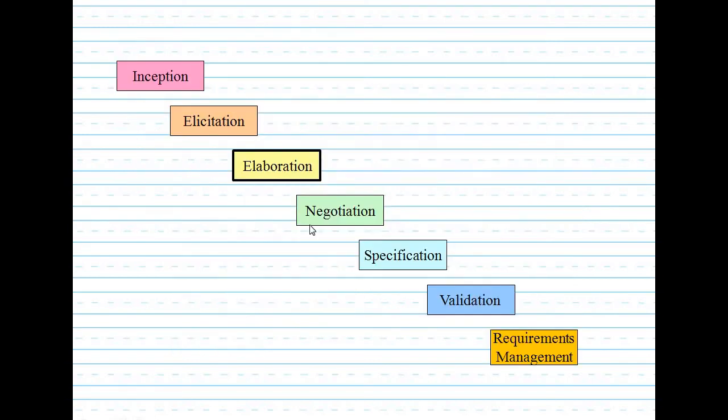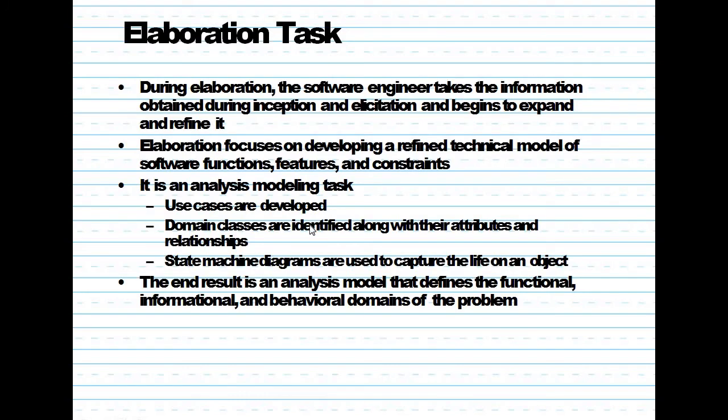Now, third is the elaboration. The elaboration task is where the software engineer takes the information obtained during inception and elicitation and begins to expand and refine it. So, it focuses on developing a refined technical model of software functions, features, and constraints.